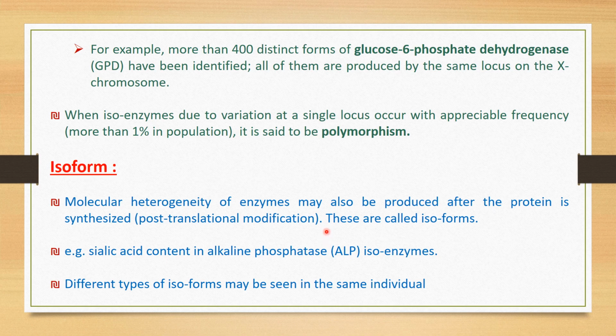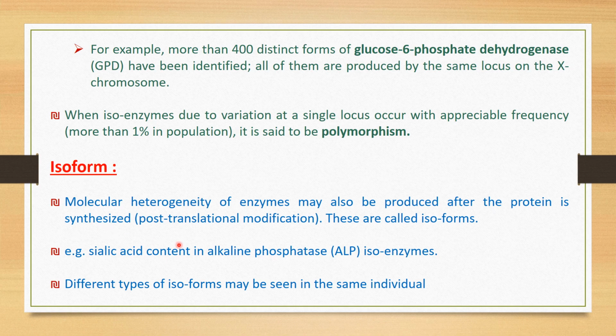An example is alkaline phosphatase isoenzymes: bone isoenzyme, liver isoenzyme, kidney isoenzyme. They differ in their sialic acid content. You know sialic acid. What is sialic acid? N-acetyl neuraminic acid, NANA.